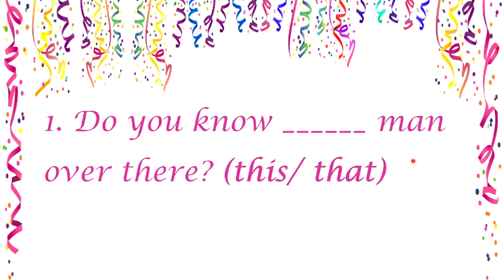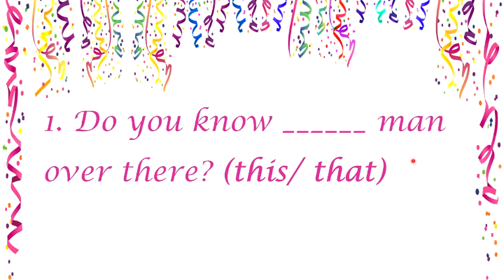Now here, this or that, they both are demonstrative adjectives. And just to help you out, this is used for a nearby object and that is used for a far away object.